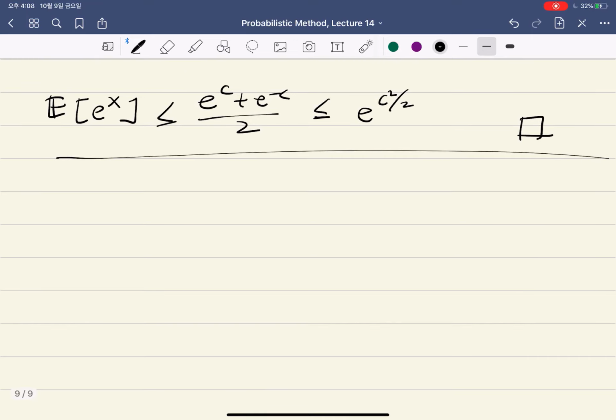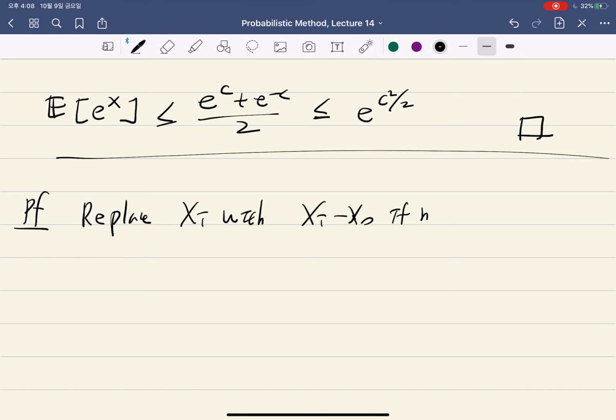So now we prove Azuma's inequality using this claim. First, we replace xi with xi minus x0 if necessary, to assume x0 is 0.